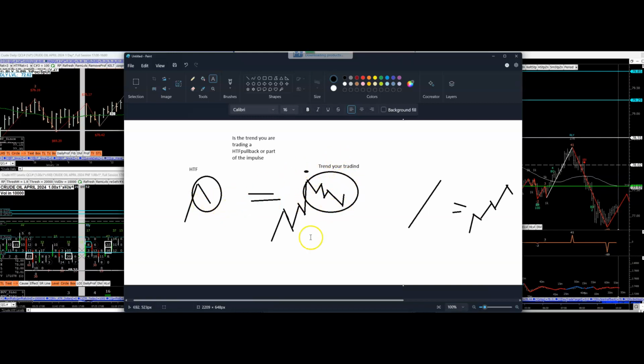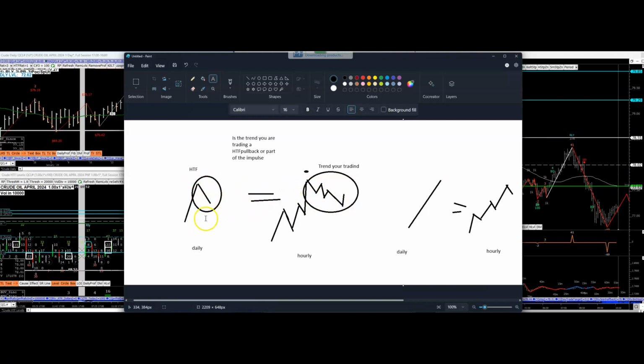So the trend you're trading, let's say this is the daily, and this is the hourly. Is your hourly downtrend a daily pullback? Again, is the hourly downtrend that you want to trade a pullback on the daily?